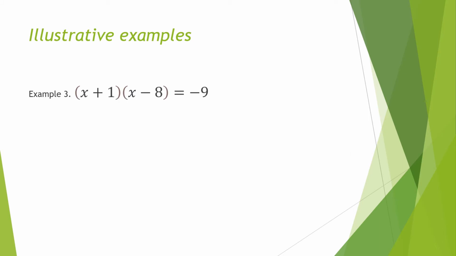So let's have example number 3. The quantity x plus 1 times the quantity x minus 8 is equal to negative 9. This is another example of a quadratic equation, but it's not written in the standard form. Again, to transform this one, we will apply the distributive property, then make one side of the equation equal to 0.